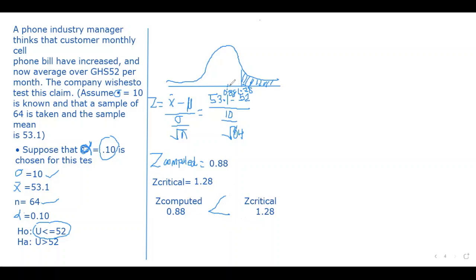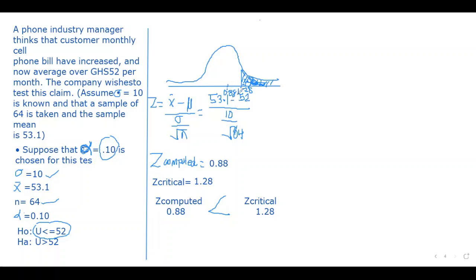The other method is you use this 0.88 and 1.28. Now 1.28 is the critical value, and the rejection region is here, moving to the right. The 0.88, which is Z computed, does not fall within the rejection region. So you can use this curve to arrive at your decision. So we conclude by using this curve that we fail to reject the H naught.